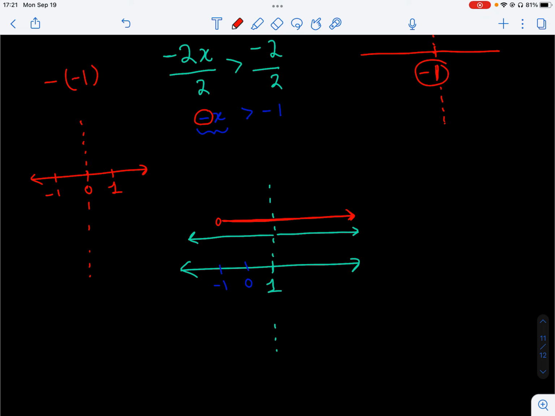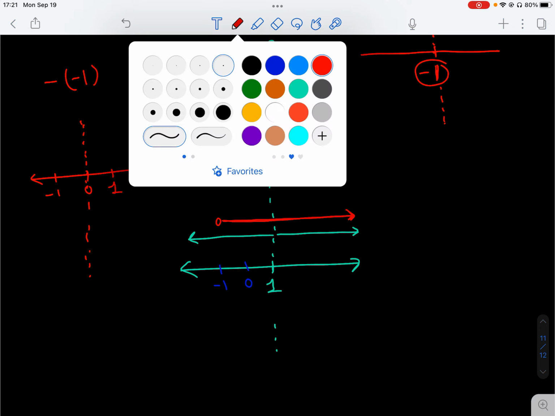Now, what if I said the opposite of negative 1? Well, the opposite side of 0 from negative 1 is just 1. And so these negative signs I encourage everybody to think about as flipping the side of the number line that we're on. All right, now here comes the fun part.